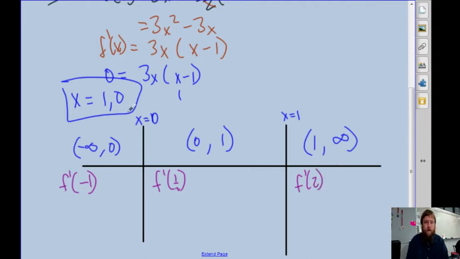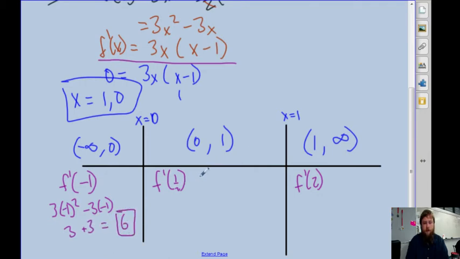That's easier. So if I plug in f prime of -1, I know my f prime is 3x squared minus 3x. So it's going to be 3 times -1 squared minus 3 times -1, which will be 3 plus 3, which is 6. For this interval, if you plug in 1/2, you get 3 times 1/2 squared minus 3 times 1/2.